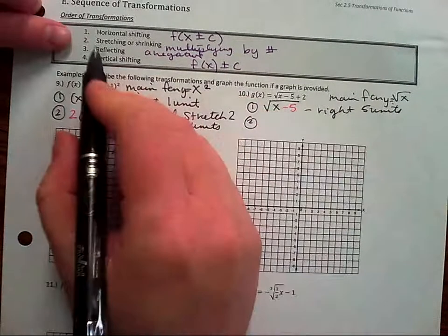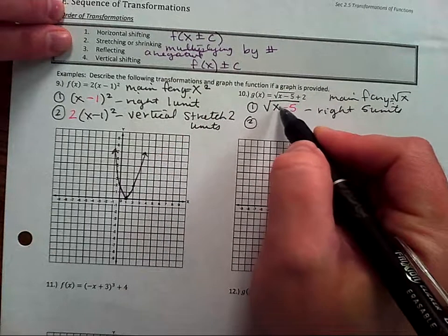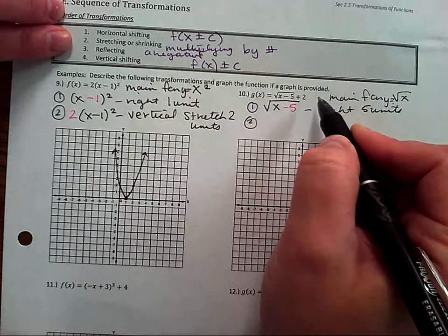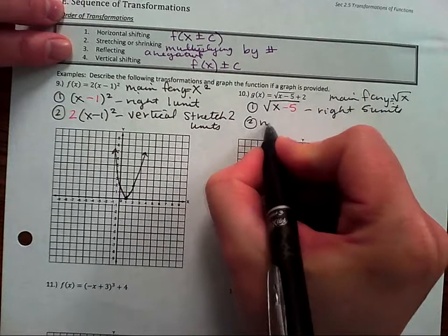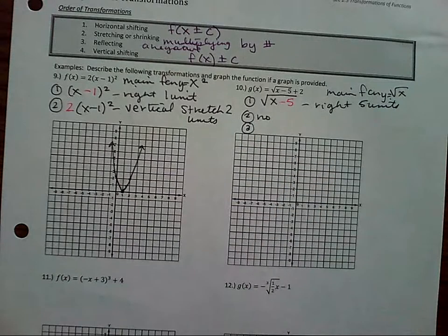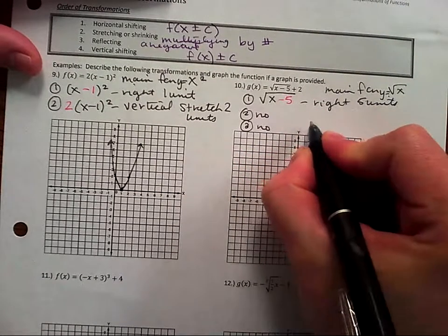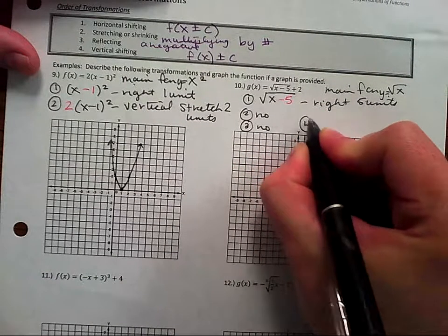All right, 2, am I multiplying it by a number? Do I either have a number in front of x or a number in front of the square root? No. 3, do I have a negative? Negative on x or negative on the square root? No. What about 4?